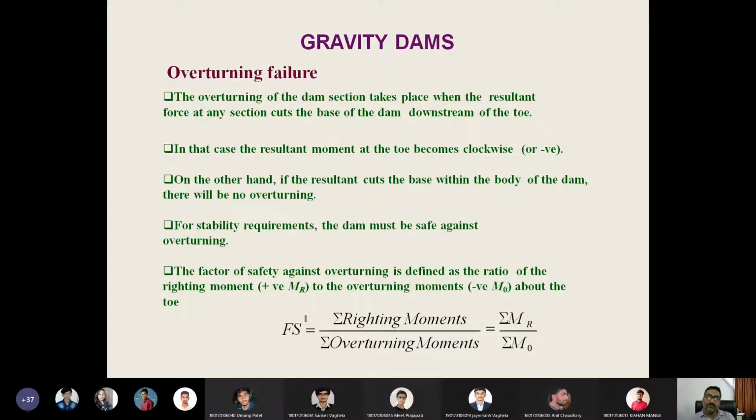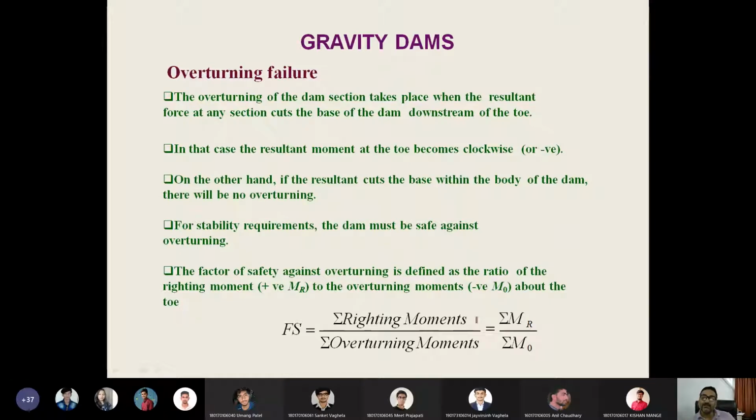The difference of overturning and righting moments provides stability, the forces causing moments which provide stability to the structure. Overturning moments are the forces which lead to failure or are the cause of failure, like the hydrostatic force, like waves. All those are the overturning moments.